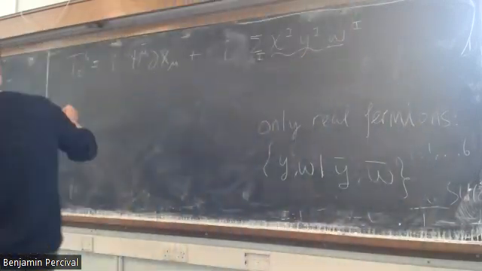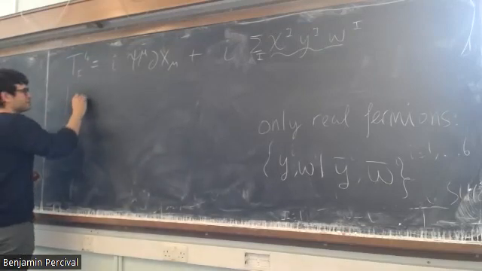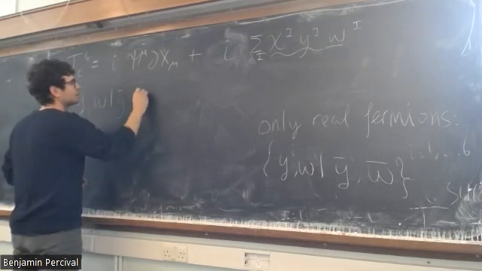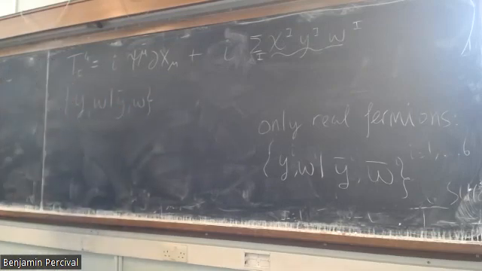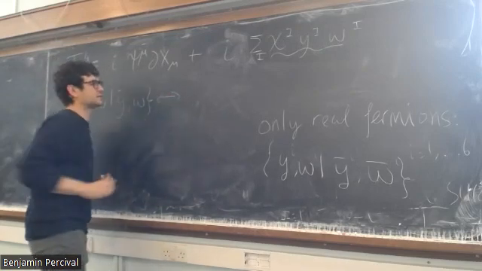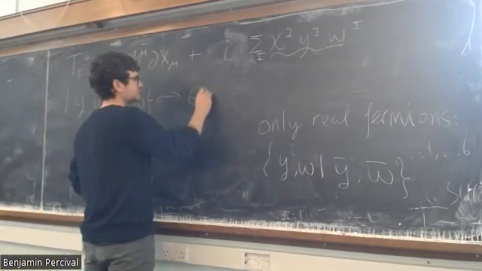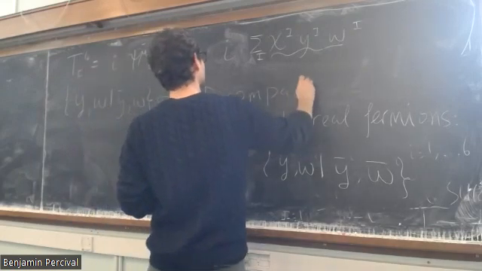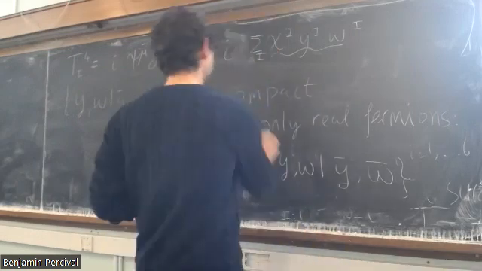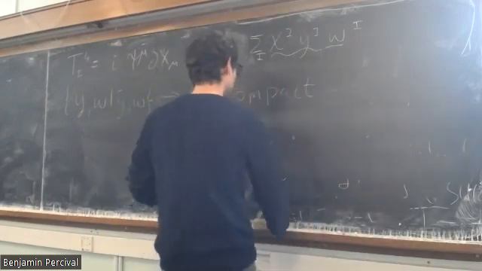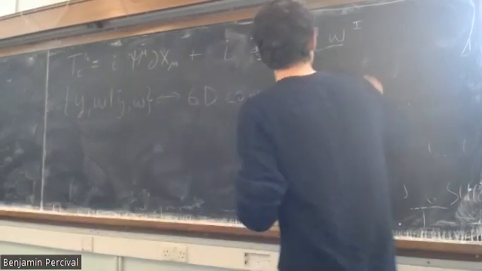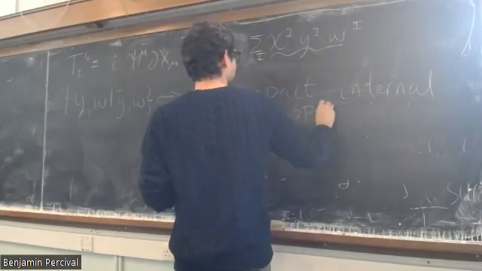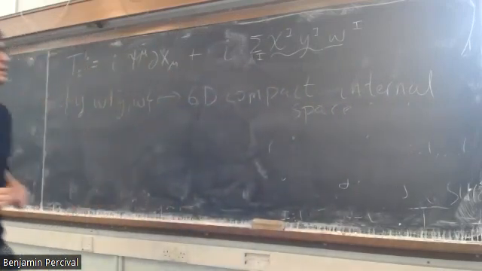So the way that we do that is these y and w's, from 1 to 6, we will relate these to a 6-dimensional compact internal space.